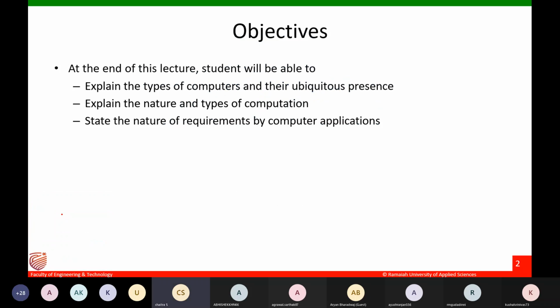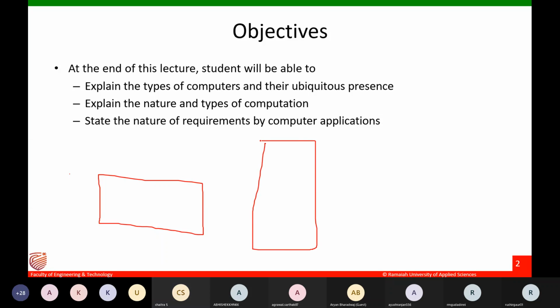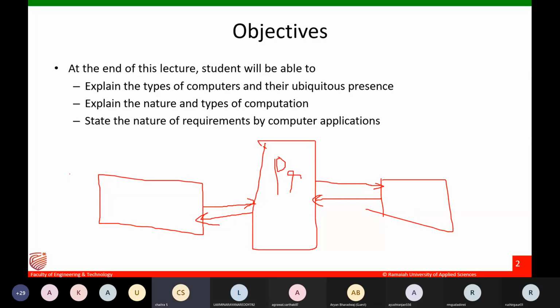First of all, what do you mean by a computer? What is it?